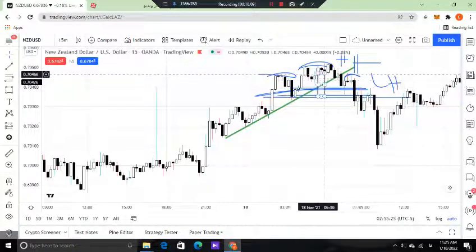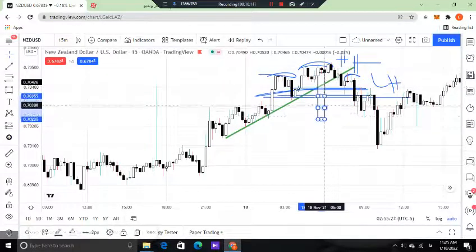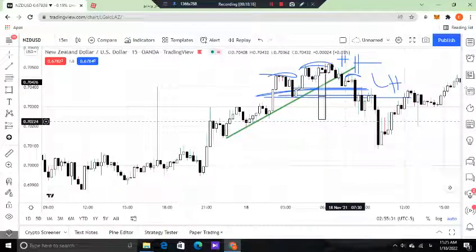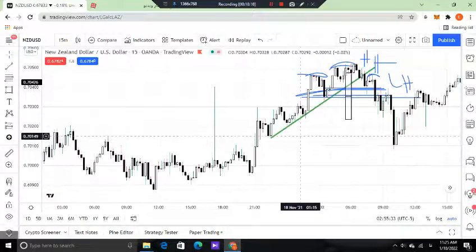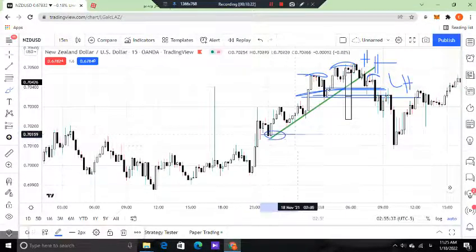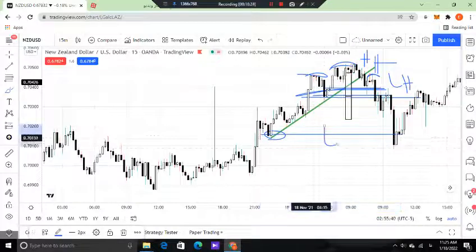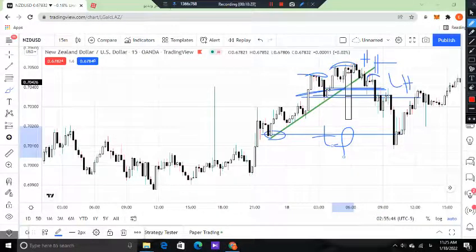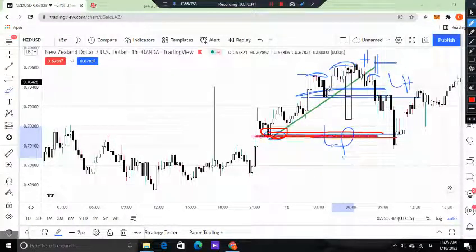Yes, and this is the minimum profit you can make, but usually traders take profit at this level, at the starting point of this trend.